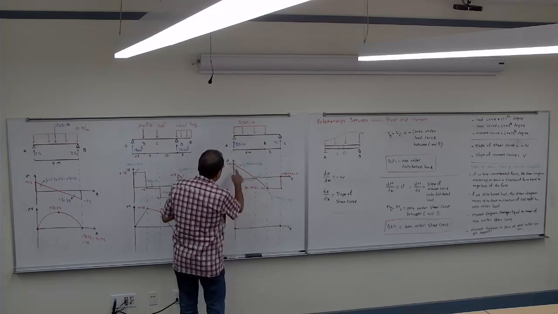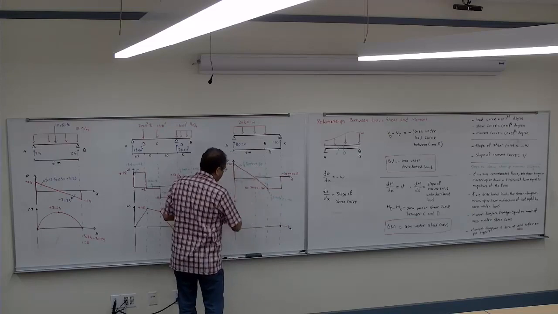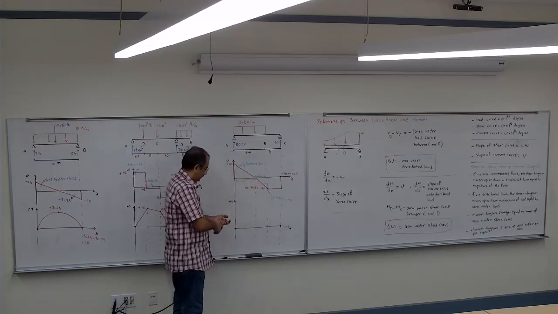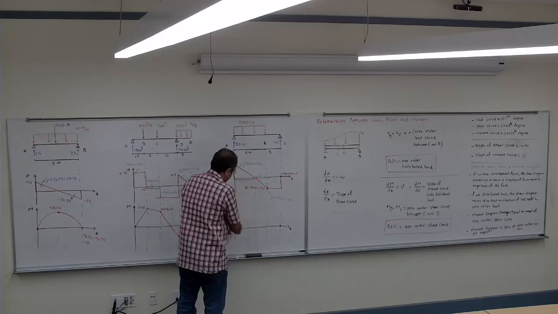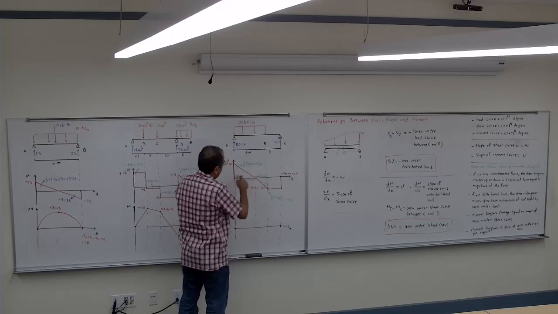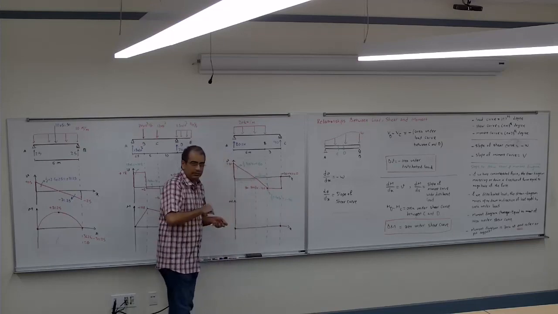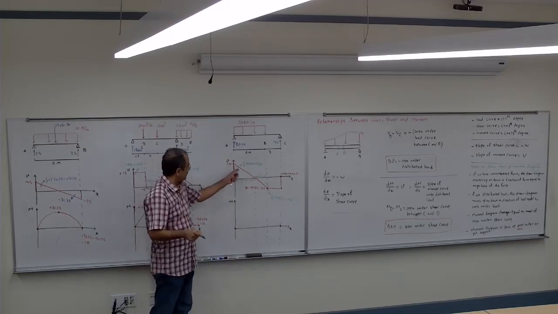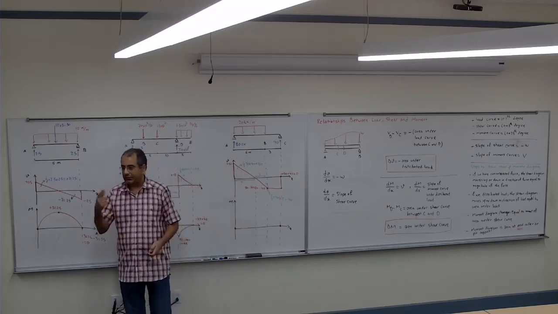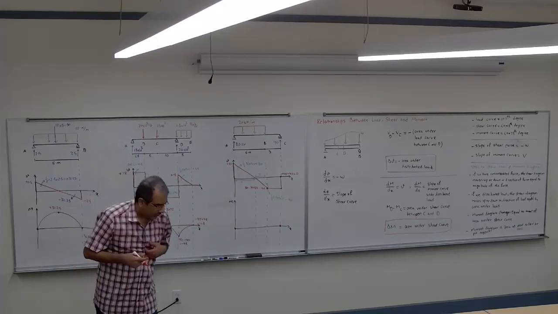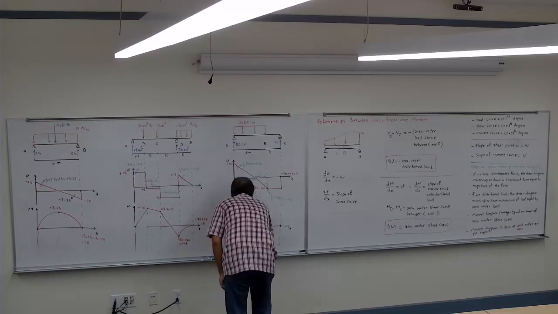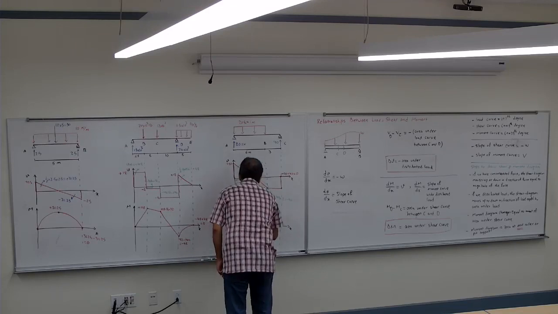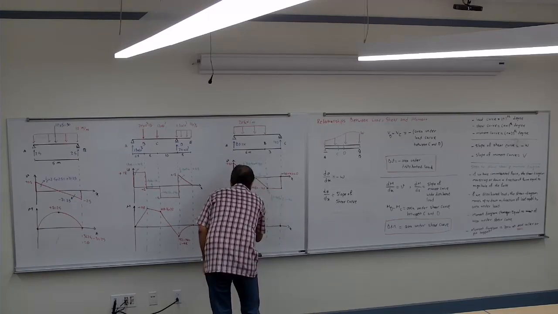So from here to here is positive, so the moment, look at here, from A to that point, goes from 0 to 160. With what degree? Second degree, because the shear is first degree. So it goes up from 0 to 160.